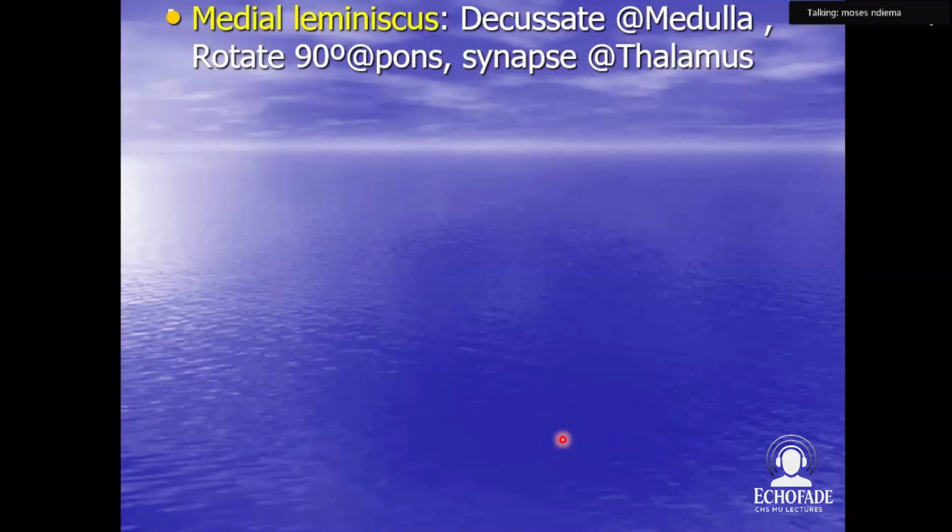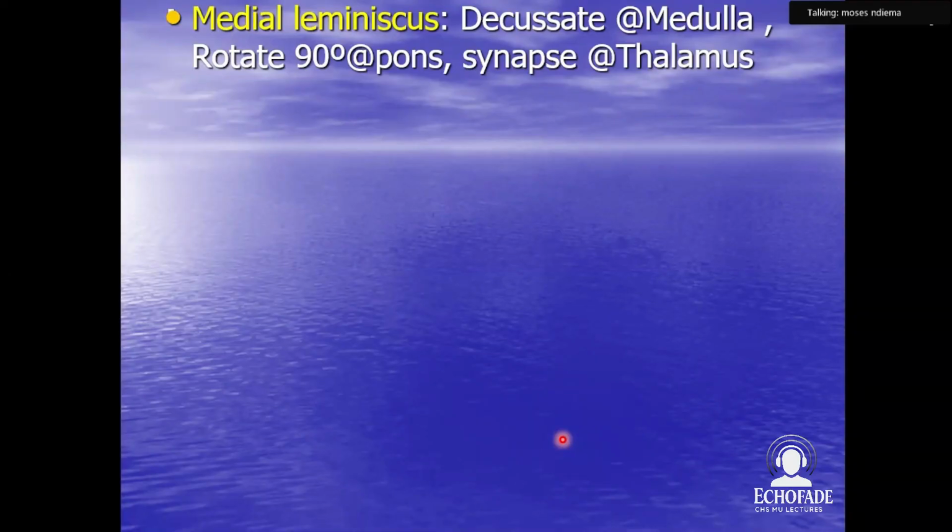Now, I said the next part where the dorsal column synapses, the second order neurons, originate from the medulla oblongata. So when they enter the medulla oblongata, they synapse with the cell bodies of the same names.